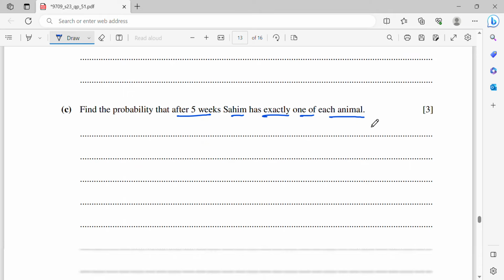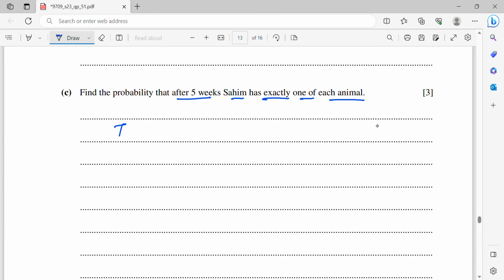So I have T, L, R, E, B. Okay, these 5 animals. So after exactly 5 weeks, he got each of the animals.